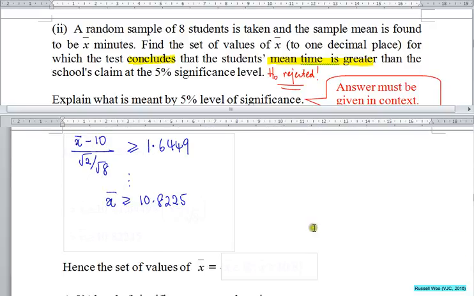Hence, the set of values must be this. It makes sense, right? You want to reject H naught, your mean must be far away from 10. Makes perfect sense.